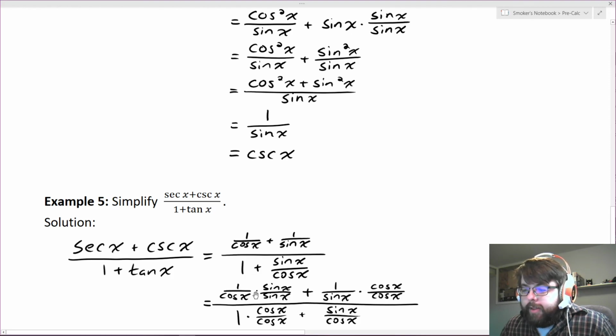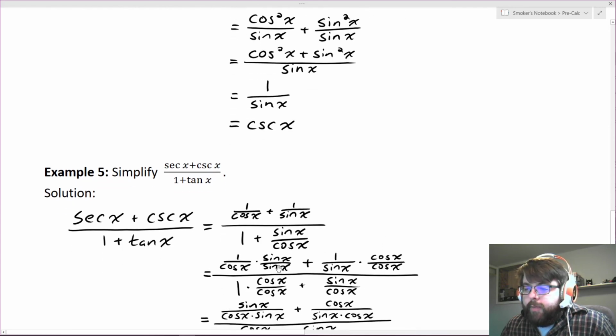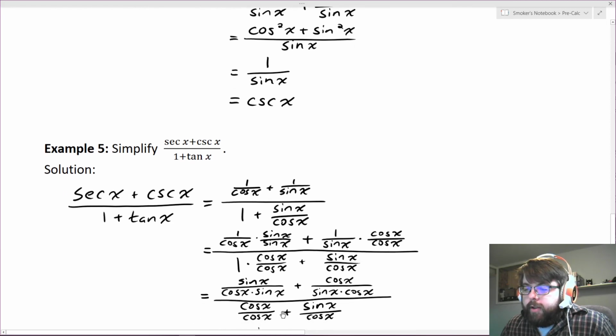So it makes sense that I'm not changing the number 1 by writing it as cosine over cosine. I'm going to condense all these multiplications and get sine over cosine times sine, which is the same as sine times cosine. On this part right here, I'm going to get cosine over sine cosine. And then I'm going to have cosine over cosine plus sine over cosine.